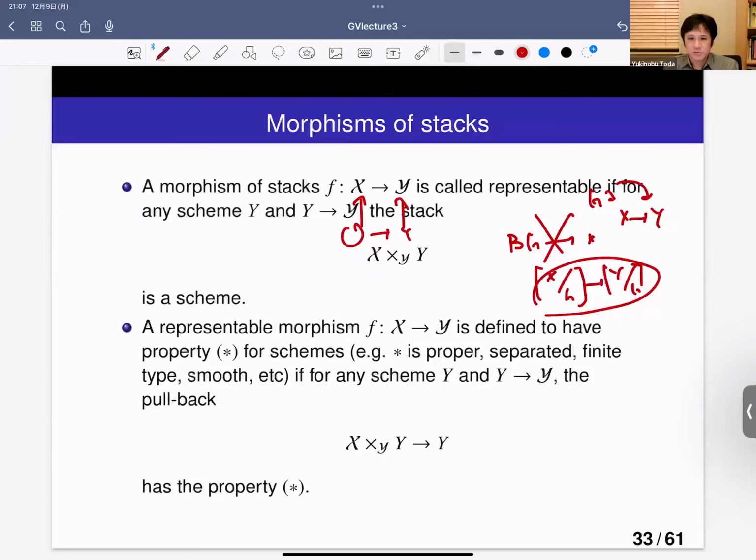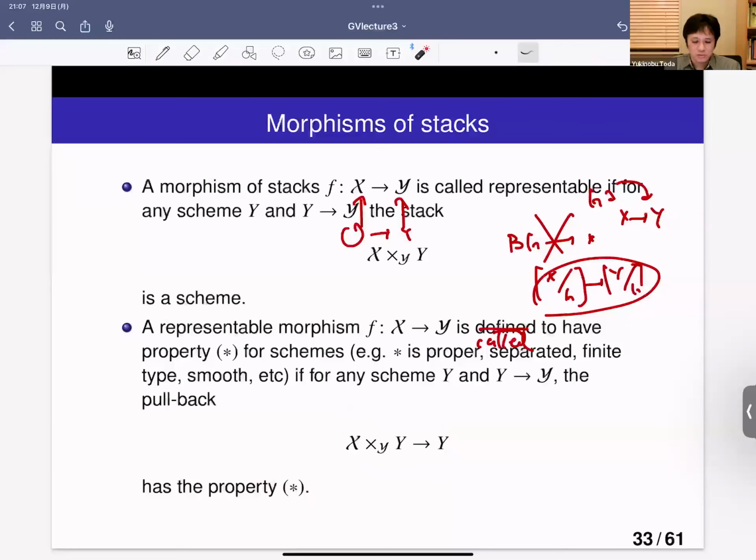And then a representable morphism is... sorry, I should say this is called to have the property something. For example, we can say F is a proper morphism, separated morphism, finite type morphism, smooth morphism, or so on, for a morphism between stacks, if for any scheme Y mapping to the target, its pullback has this property.